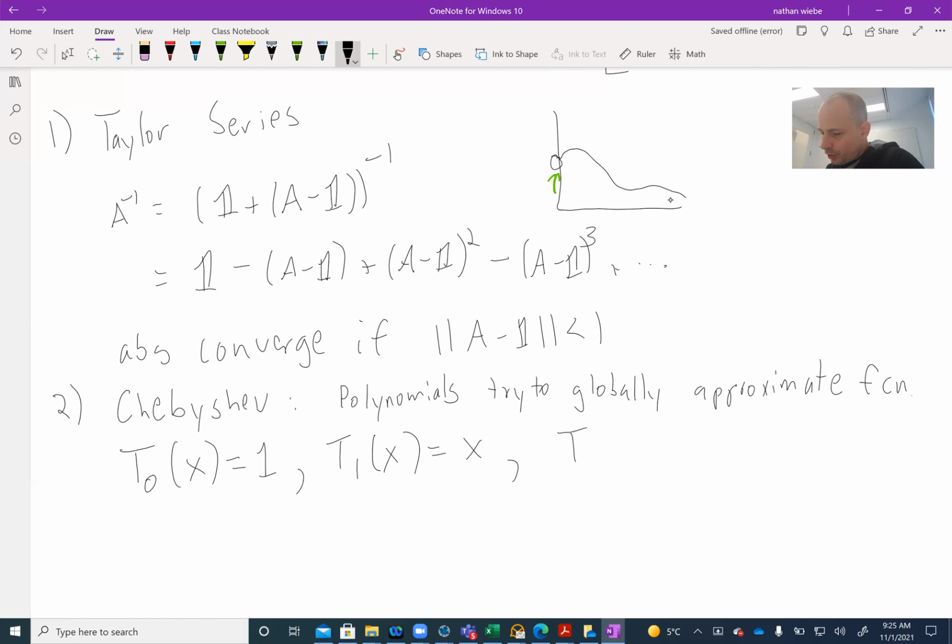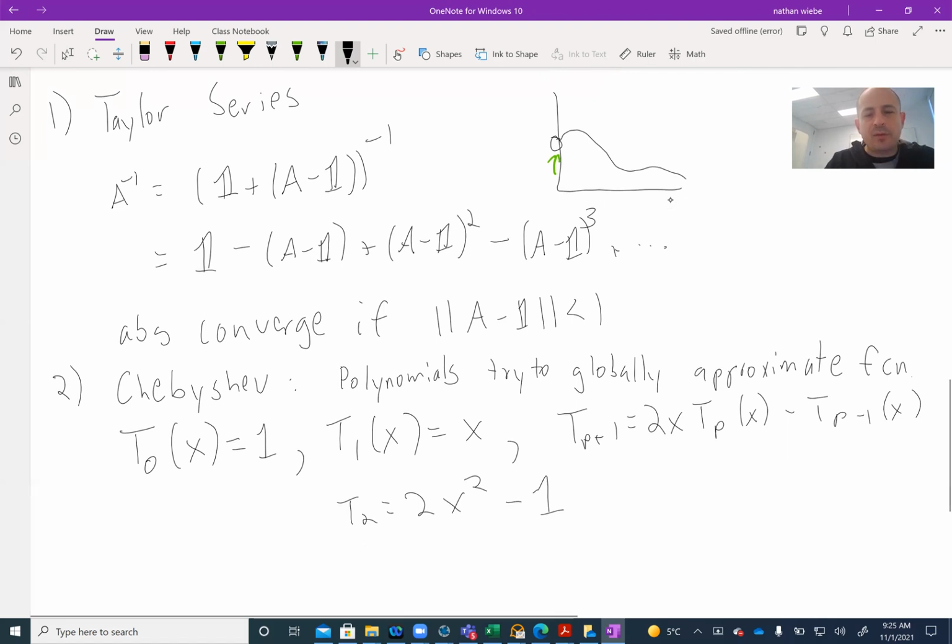Yes. T_{p+1} is equal to 2x T_p of x minus T_{p-1} of x. And so this in particular means that T2 is equal to 2x squared minus 1. So on and so forth.